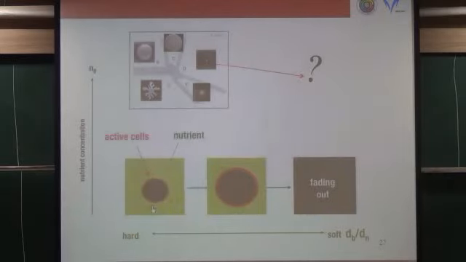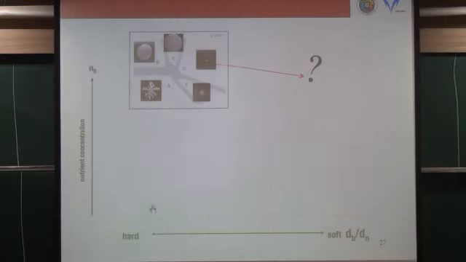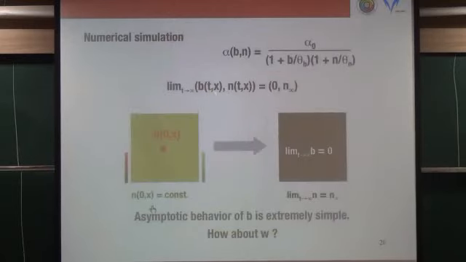So this is the numerical simulation, and this is related to the active cells, which are just expanding, and eventually this hits or disappears, I don't know, but just fades out. This is the result: b tends to 0.